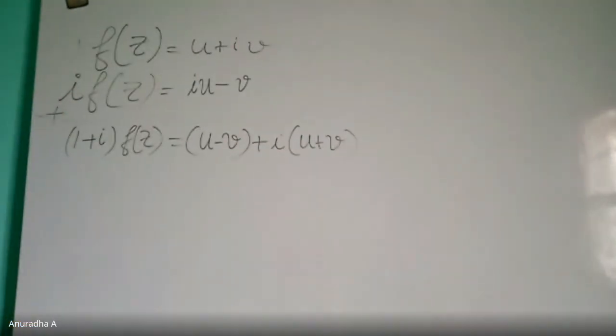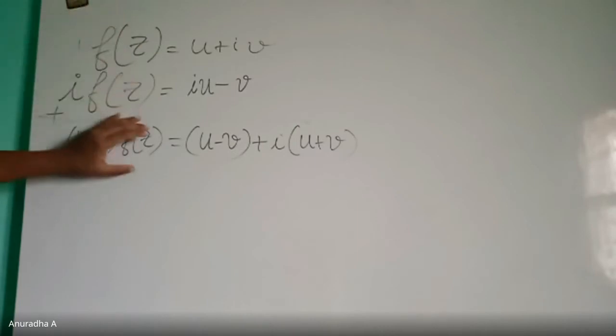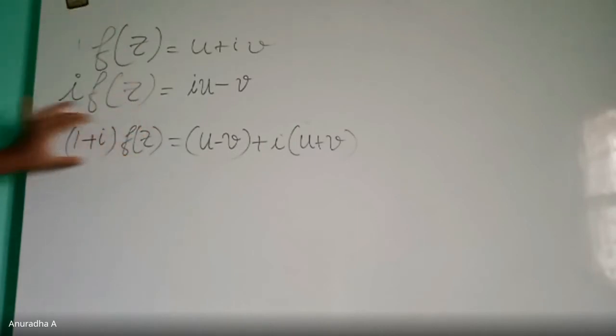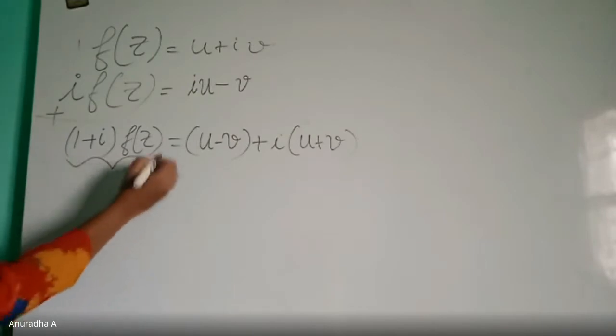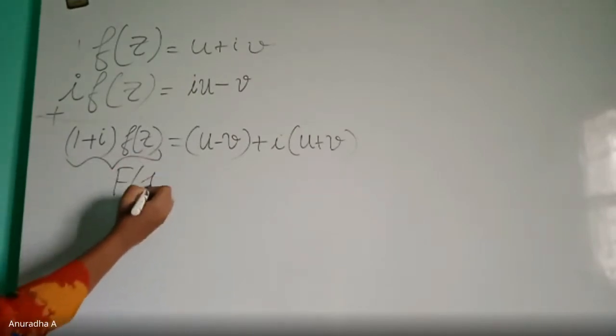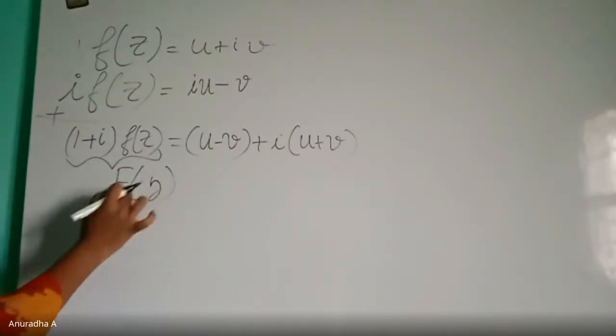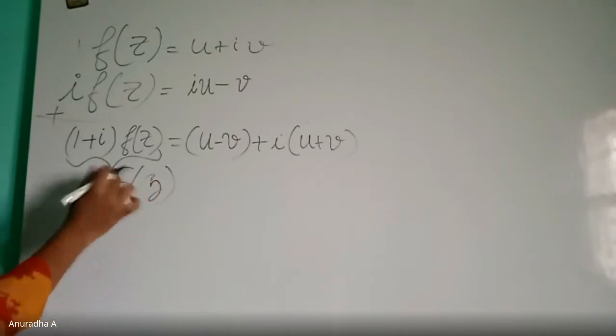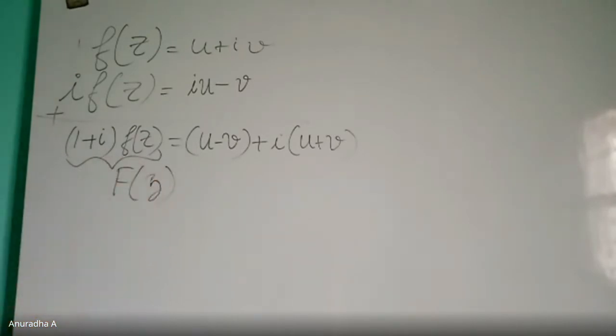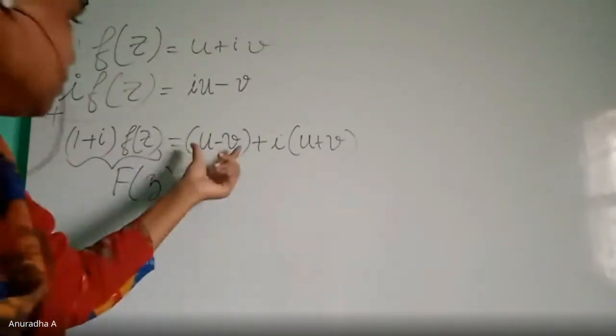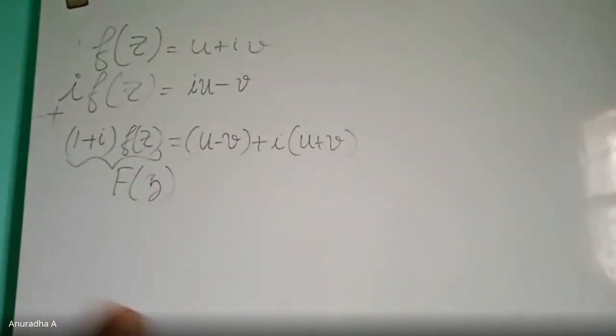So you see, instead of the original f of z, if I consider this as some other complex function, capital F of z, then in that u minus v is the real part and u plus v is the imaginary part.